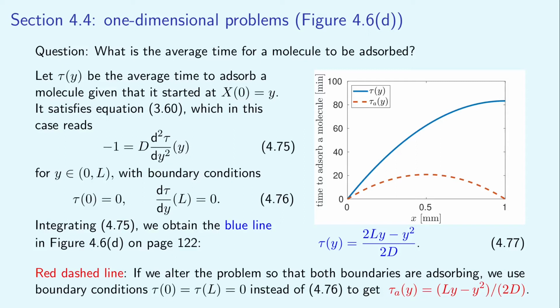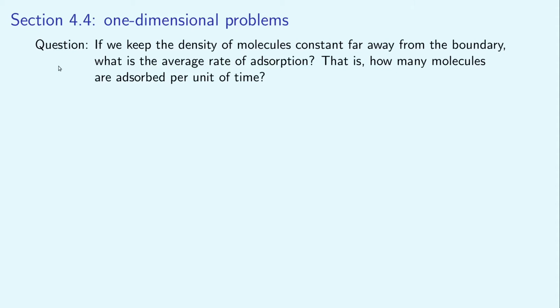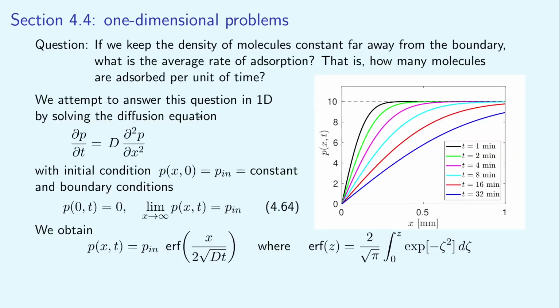Another question of interest was formulated at the beginning of our lecture as: if we keep the density of molecules constant, far away from the boundary, what is the average rate of adsorption? That is, how many molecules are adsorbed per unit of time. We attempt to answer this question in 1D by solving the diffusion equation with the initial condition equal to a constant, and the limit of p as x goes to infinity equal to that constant.